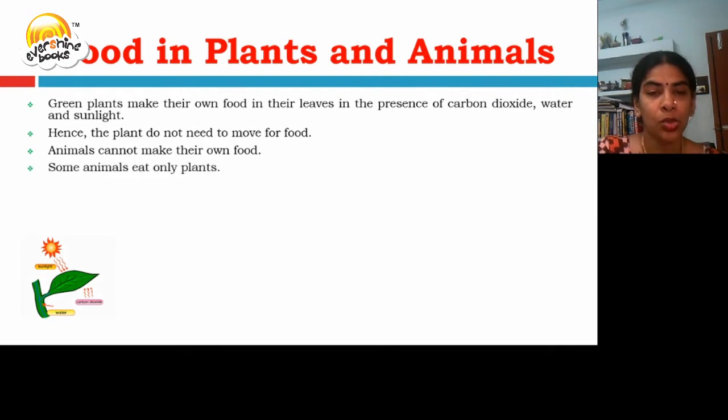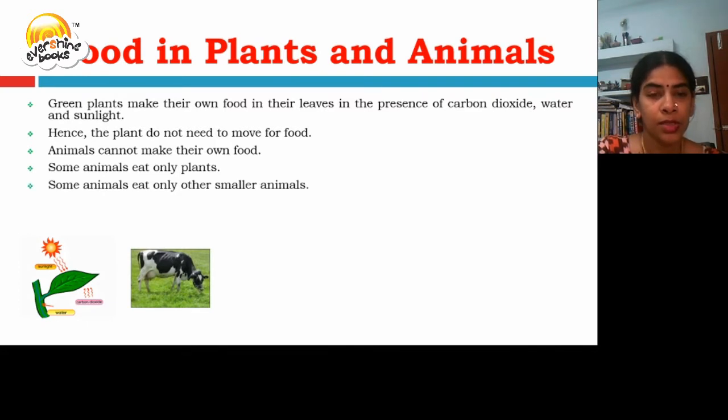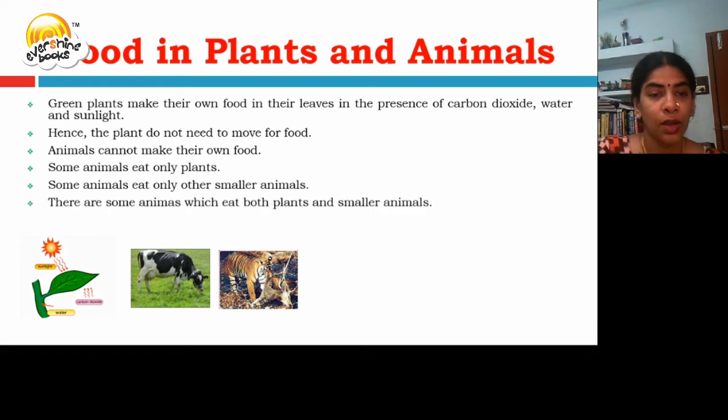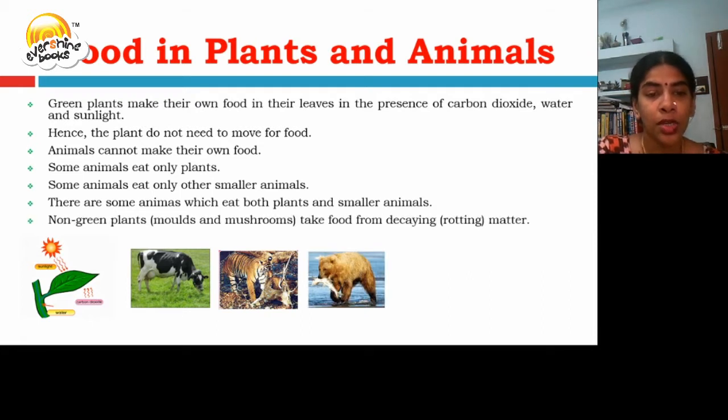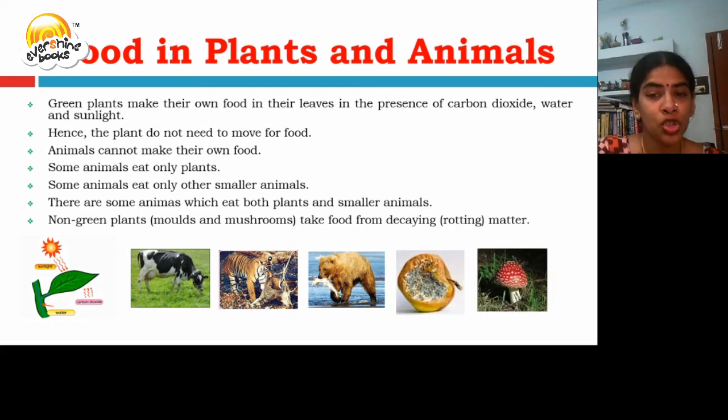Some animals eat only plants. Some animals eat only the smaller animals. However, there are some animals which eat both plants and small animals. Non-green plants such as molds and mushrooms take food from decaying matter, that is the rotting matter.